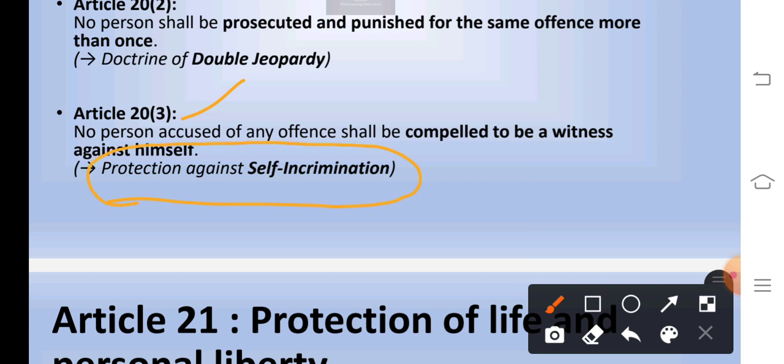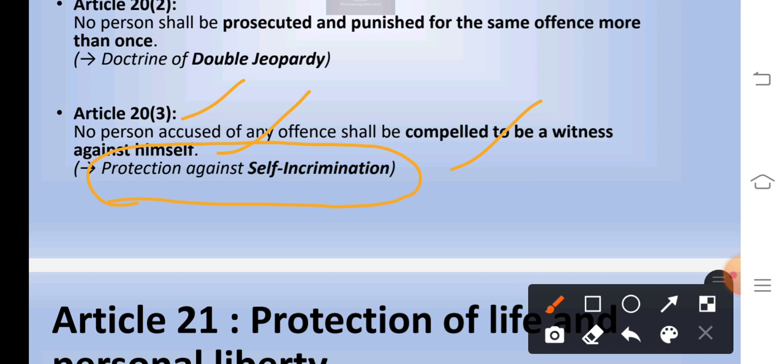See, if someone is accused of any offence, and in the process of gathering the evidence, he or she should not be compelled to be a witness against himself. That is, he should not be forced to accept the offence, even if he has done or not done that crime.